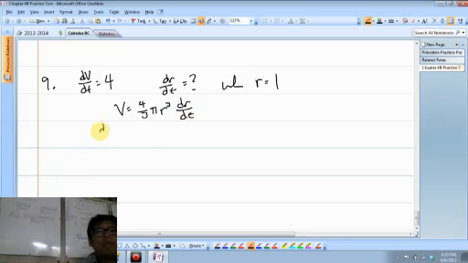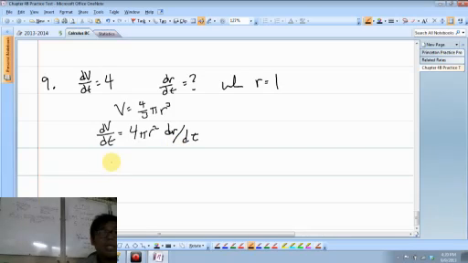Let's take our derivatives. dV/dt equals 4 pi r squared dr/dt. And substitute what we know. 4 equals 4 pi dr/dt.